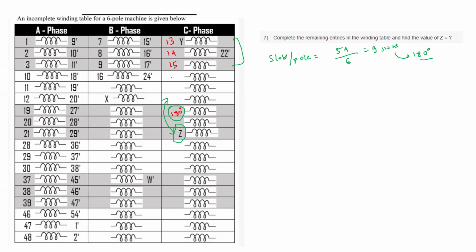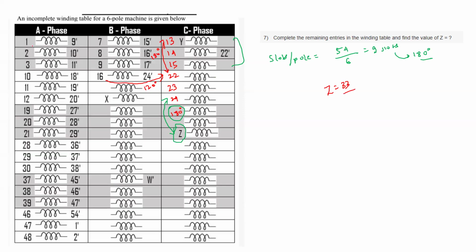So 16 plus 6 is how much? 16 plus 6 is 22, or you can also do 13 plus 9, which is 22. So you can enter this in either way. If you enter like this, it is 120 degrees. If you enter like this, it is 180 degrees. So 22 and then consecutive numbers 23, 24, and then this is 180 degrees. So 24 plus 9 is 33. So this Z is equal to 33.